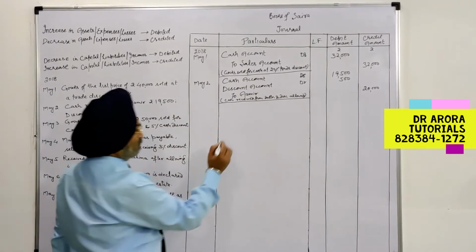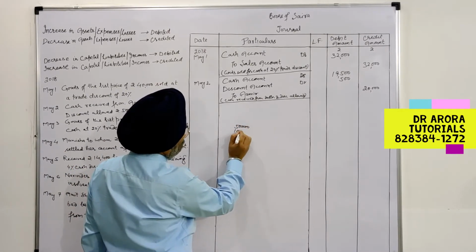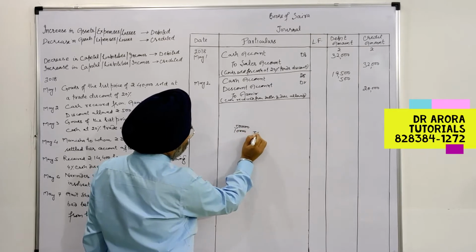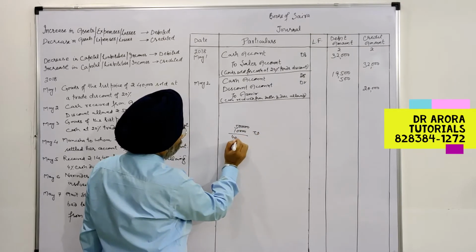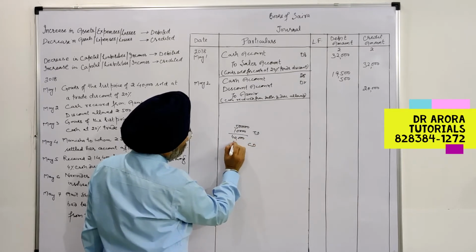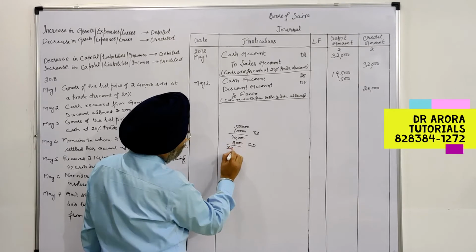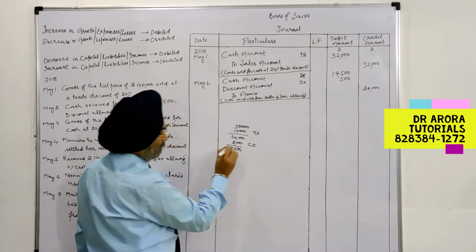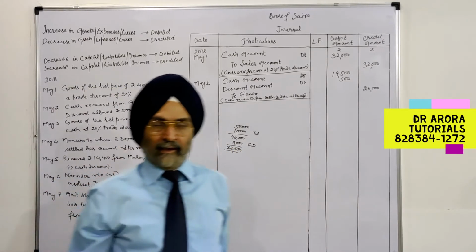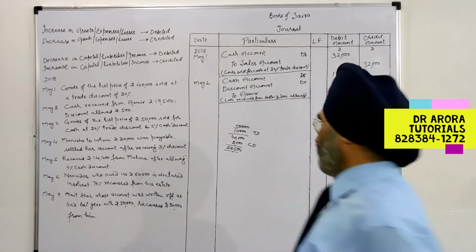So 50,000 was the sale price, 20% is the trade discount, that means net sale price is 40,000. On 40,000 cash discount will be allowed 5%, that means net cash received will be 38,000.